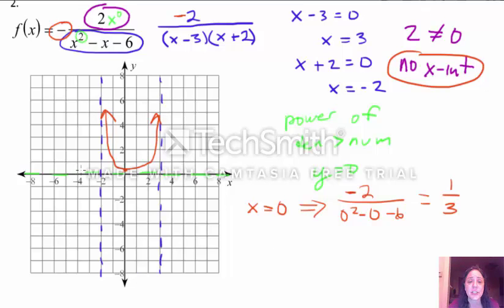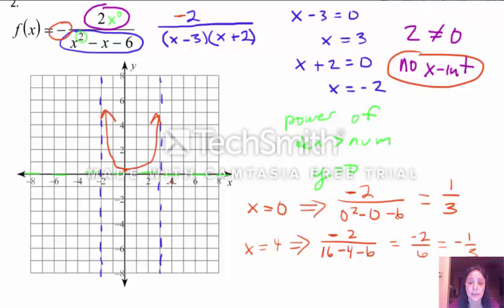And now I just need to check on either side of these vertical asymptotes. So let's try x equals 4, see what we get. That's going to give us negative 2 over 4 squared, which is 16, minus 4 minus 6. 16 minus 4 is 12, minus 6 is 6, which is going to be negative 2 over 6, or negative 1/3.